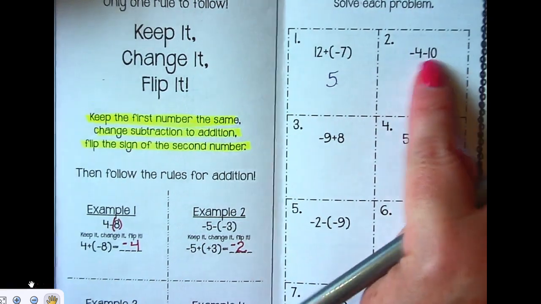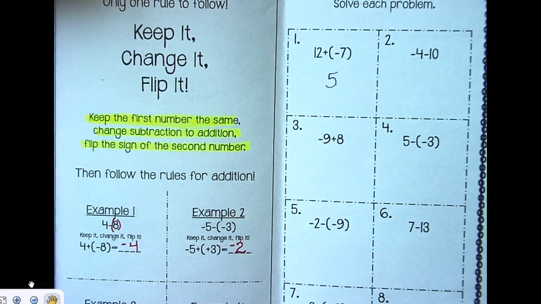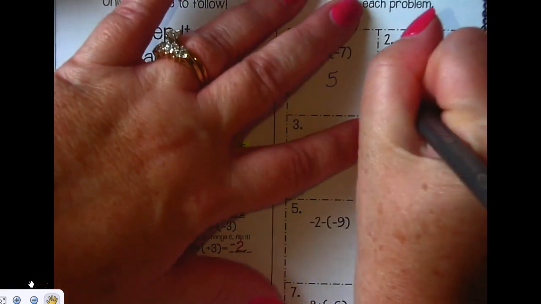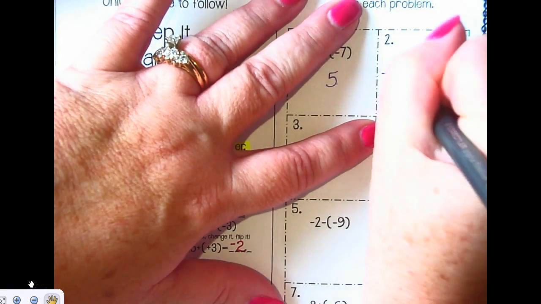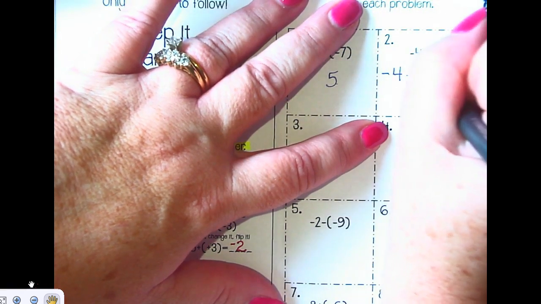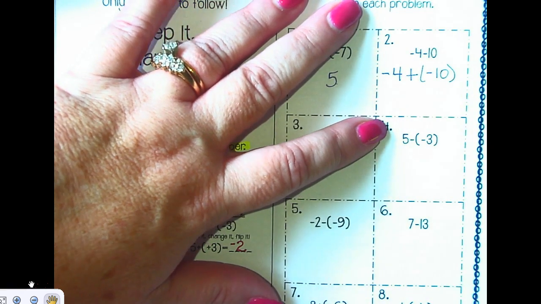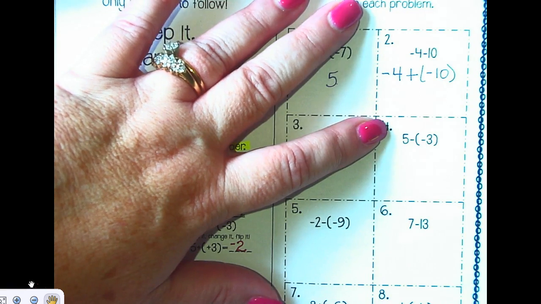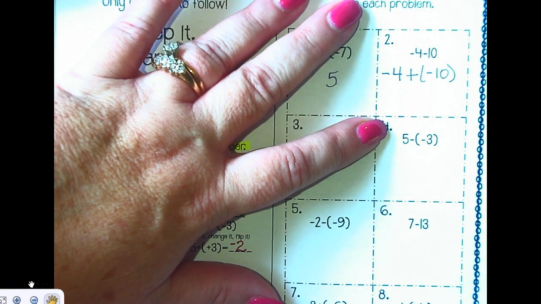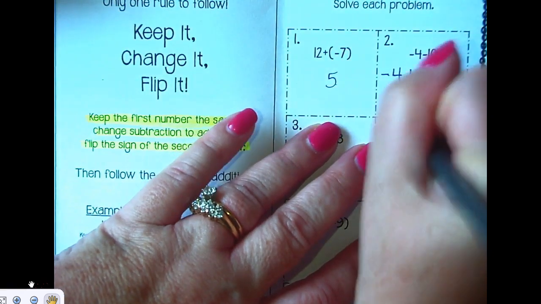All right, this problem, is it addition or subtraction? Subtraction. I have to see you rewrite that problem. So that becomes negative 4 plus what? Negative 10. And negative 4 plus negative 10, the signs are the same, so you add and keep the negative sign.